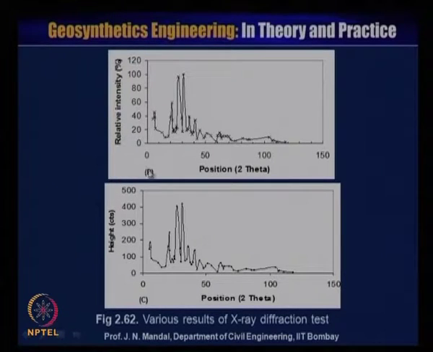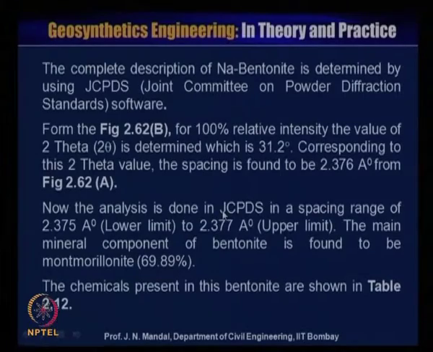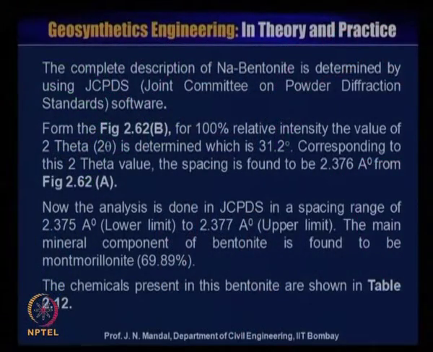So this figure shows the result of the X-ray diffraction test between the relative intensity, in percentage, and the position of 2 theta, and this figure shows the height with the position of 2 theta. From this, the complete description of sodium bentonite is determined by using JCPDS, or the Joint Committee on Powder Diffraction Standards software.